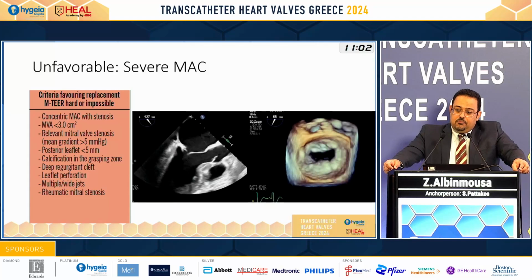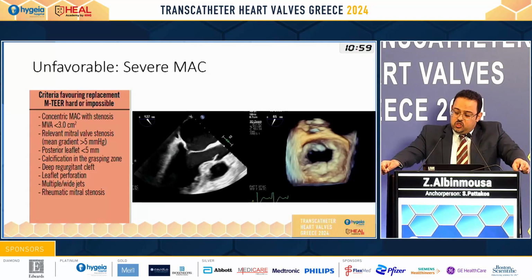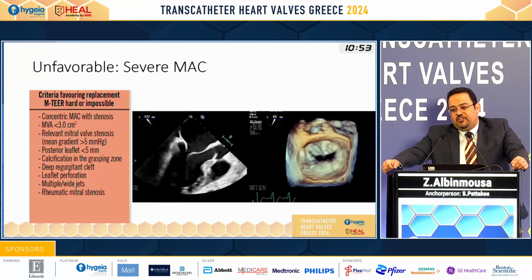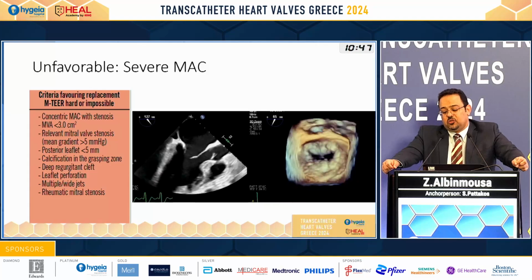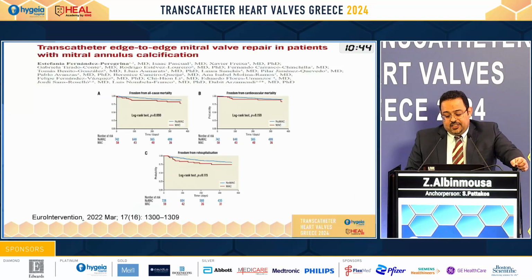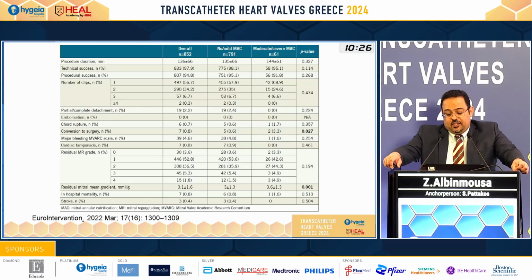This makes the posterior mitral valve leaflet very short and restricted, and puts the leaflet at great risk of rupture or tear if you grasp it. However, I came across this study from Spain where they dealt with severe MAC patients with mitral valve TEER, and they had a good result compared to the control, but we also have to mention that there is still a risk of cord rupture and conversion to surgery.